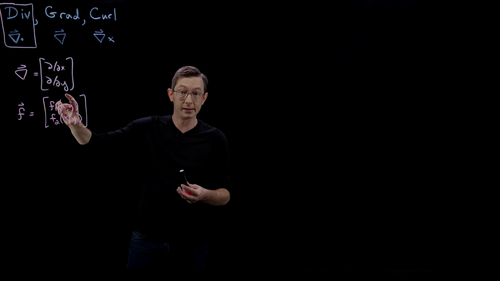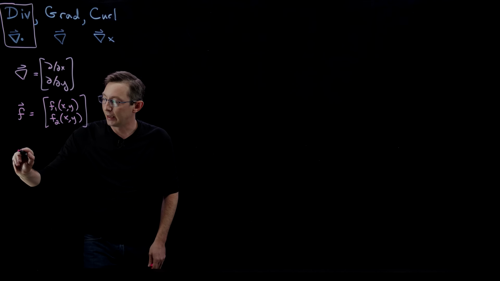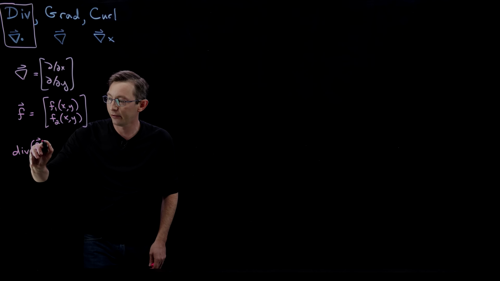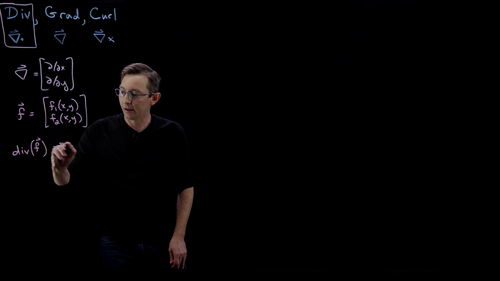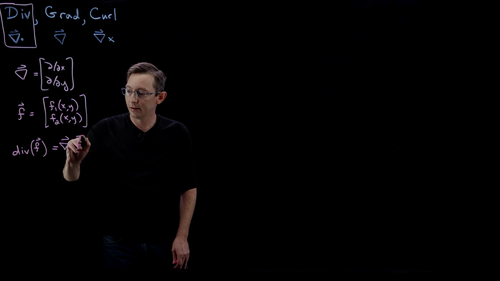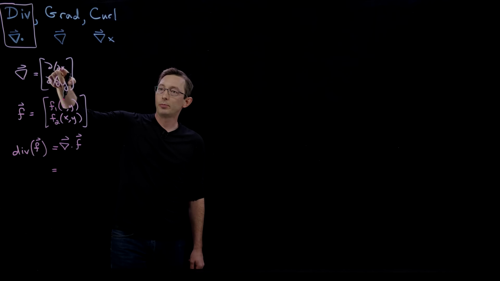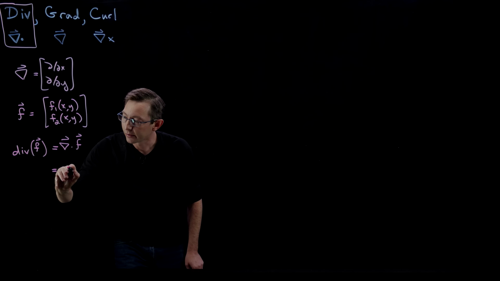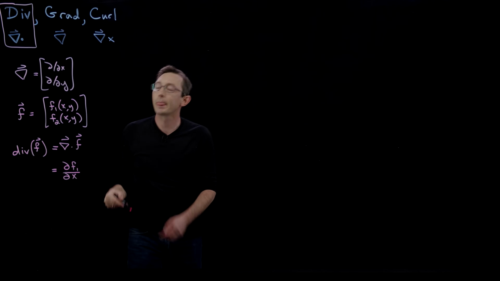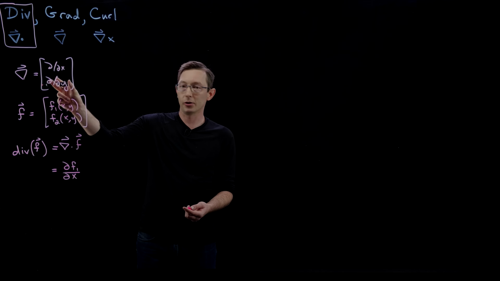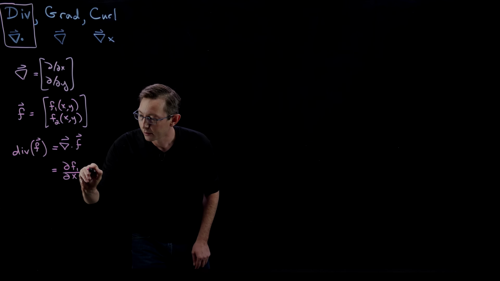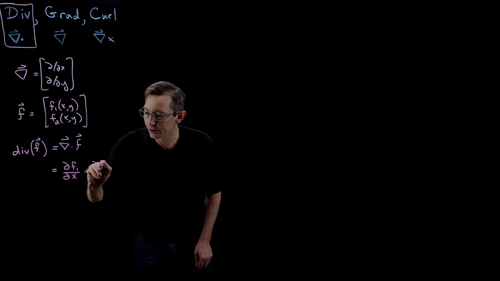This is a vector, and this is a vector. Sometimes we call this div for the divergence of f, and that equals del dot f, which equals partial f1 partial x plus partial f2 partial y.